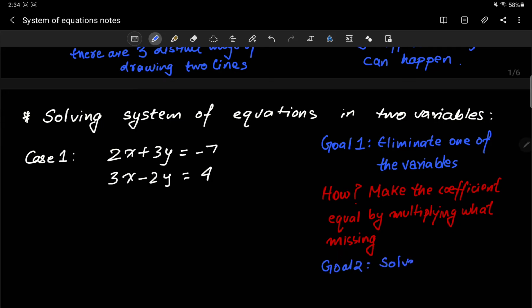Solve the resulting equation. This is much easier. And let me explain what I mean.